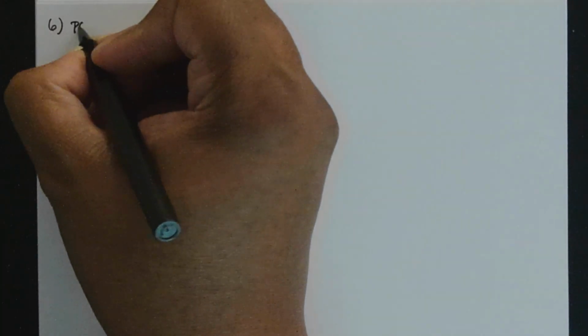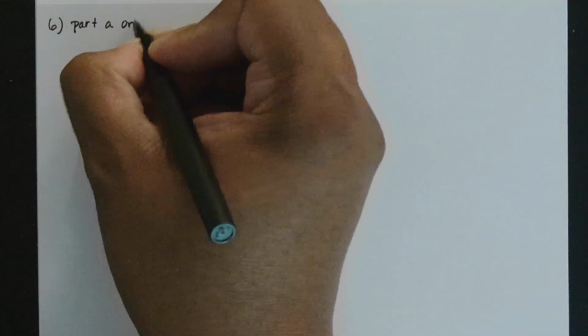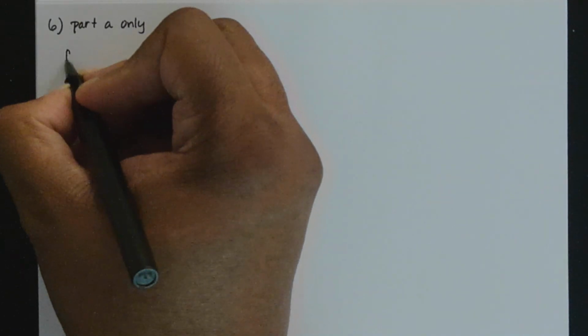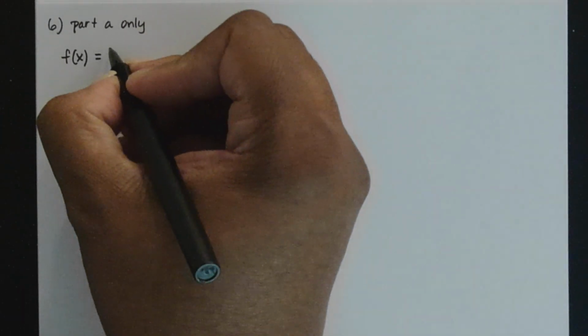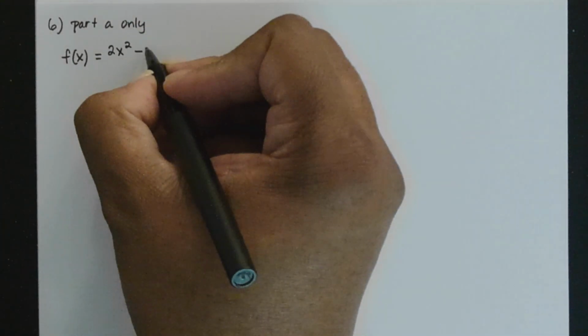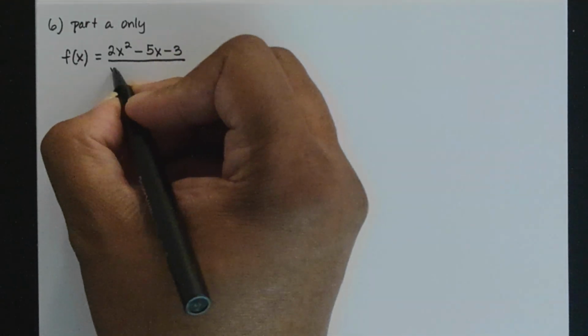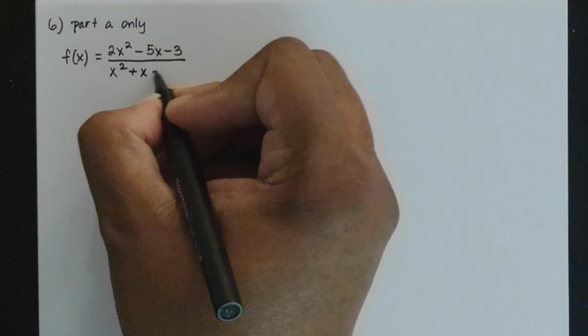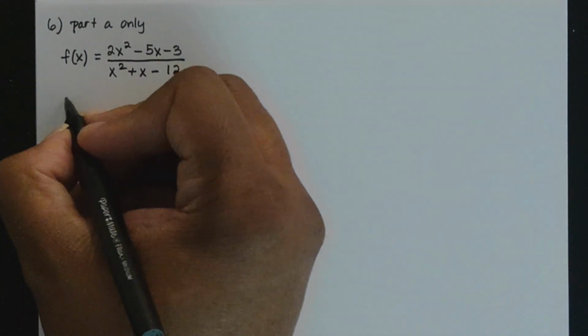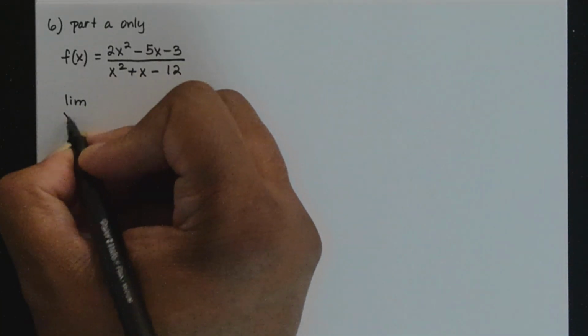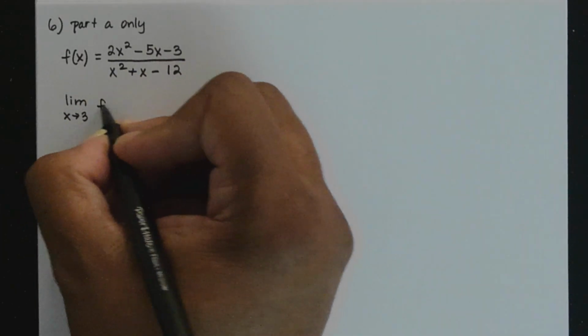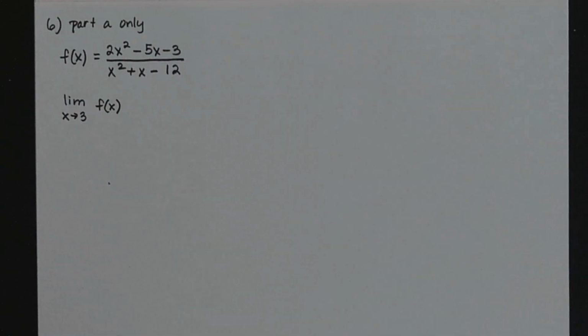Here we've got f of x is equal to 2x squared minus 5x minus 3 divided by x squared plus x minus 12. And we want the limit as x approaches 3 of f of x.